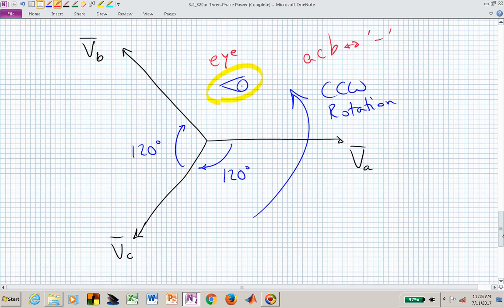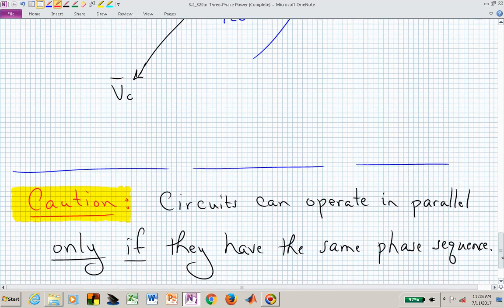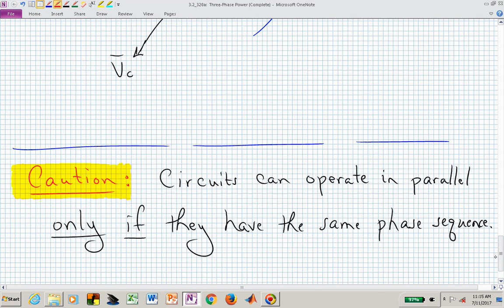The significance of keeping track of whether we have a positive phase sequence or a negative phase sequence is that we can't be connecting these up together. So that's why I have this yellow caution light with red letters saying if you're dealing with these circuits, you cannot have them operating in a connected fashion.